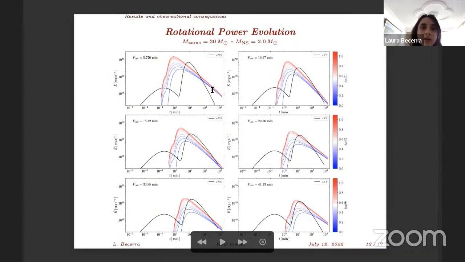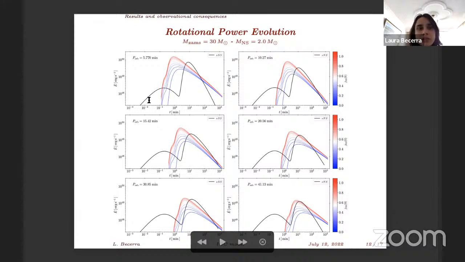Okay. Also, with this simulation, we can calculate the rotational power of the evolution of the supernova from the accretion of angular momentum. And we see that this luminosity will be characterized by two peaks that correspond to the accretion rate of the new neutron star, the initial fallback accretion and the late accretion from the disk of the new neutron star.